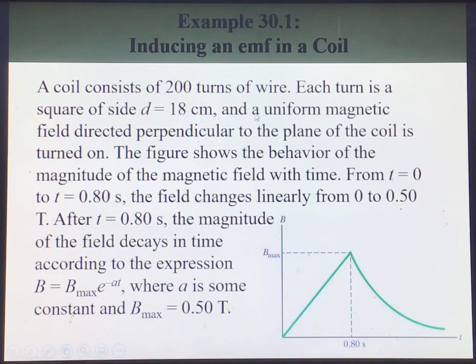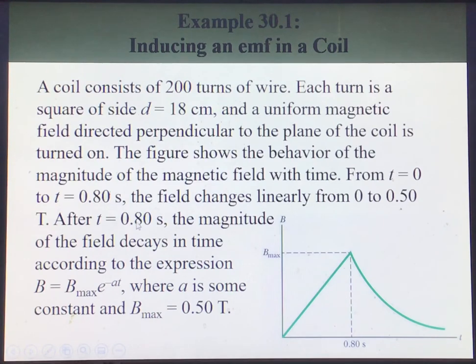A uniform magnetic field directed perpendicular to the plane of the coil is turned on. The figure shows the behavior of the magnitude of the magnetic field with time. From t equals 0 to t equals 0.8 seconds, the field changes linearly from 0 to 0.5 Teslas.